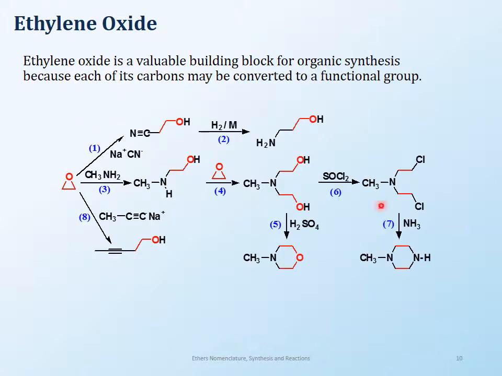Ethylene oxide, which is an epoxide, just a three-membered ring, is a very good building block, and this slide may not make any sense to you right now, but I still want to give it to you so that you have it handy, because as we go on with synthesis during this semester, you will see that we are actually building molecules, and as we build molecules, you will need to know how to add 2 carbons onto a system.